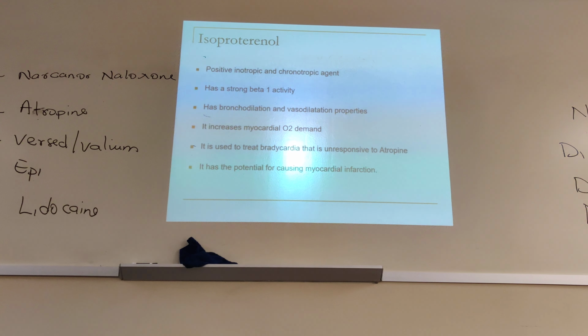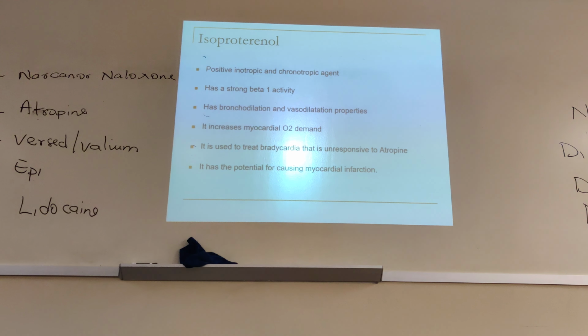Isoproterenol, it's still out there, but this drug has a very potent beta-1 effect. It can cause the heart rate to go up big time. Now, like I said before, the conventional treatment for bradycardia is atropine.